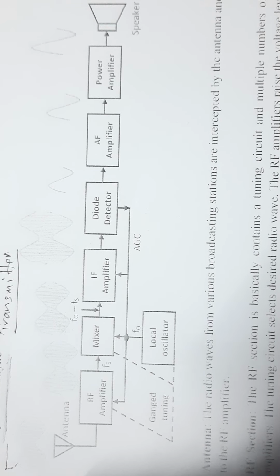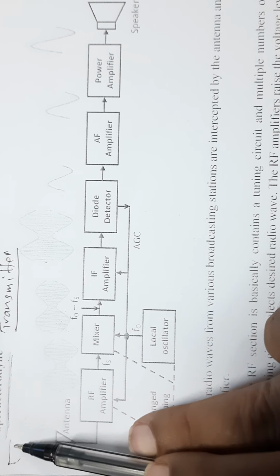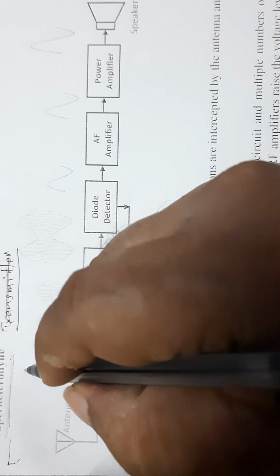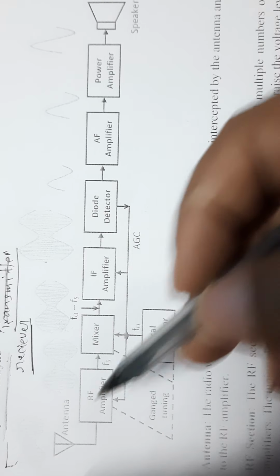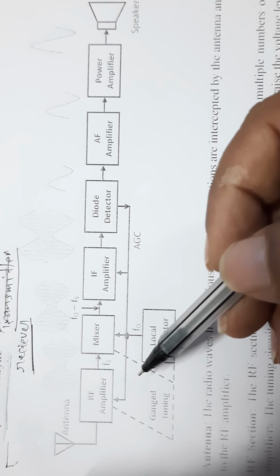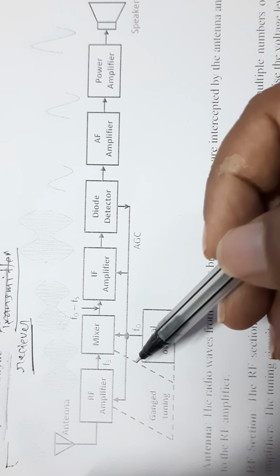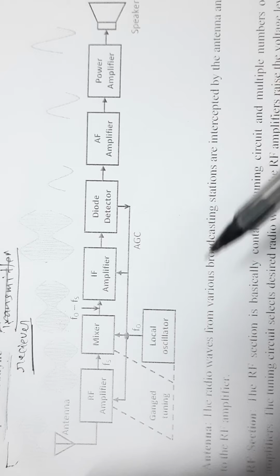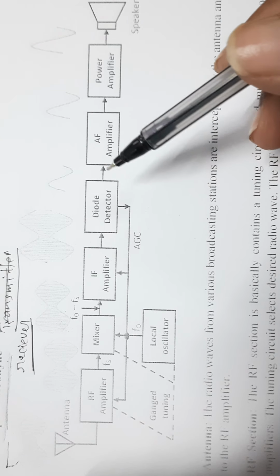So, okay, in this PPT 20, session 20, we are going to study about AM super heterodyne receiver, not transmitter. Receiver. So, receiver is a device used to receive the signals from different stations, and this modulated signal from the different station is separated into radio frequency signal and our message signal.